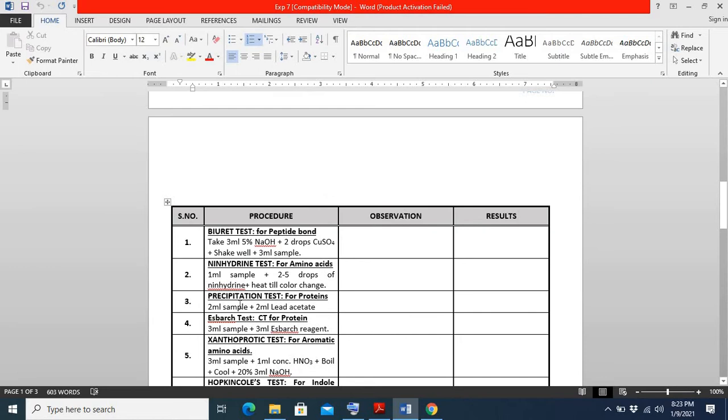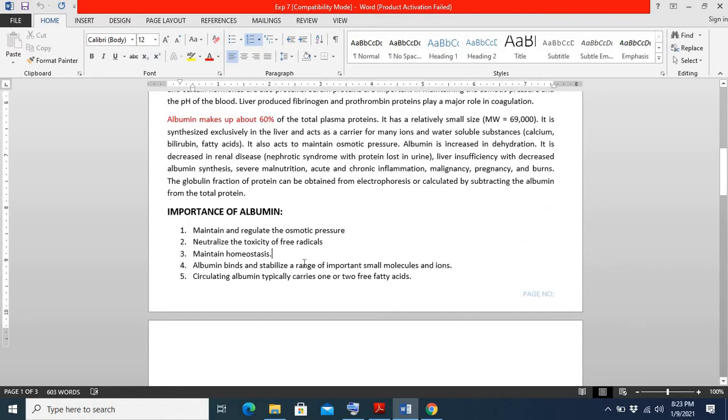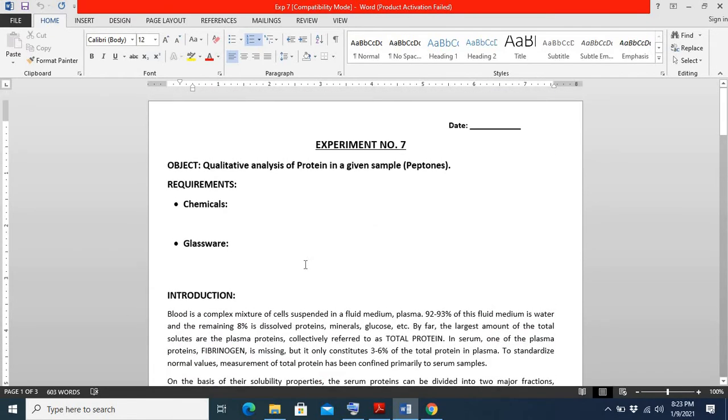Actually, whenever we have a protein sample, we don't know what type of protein it is. The protein is unknown. We will have a sample of unknown protein, and we do not know what type of protein is present in the sample.